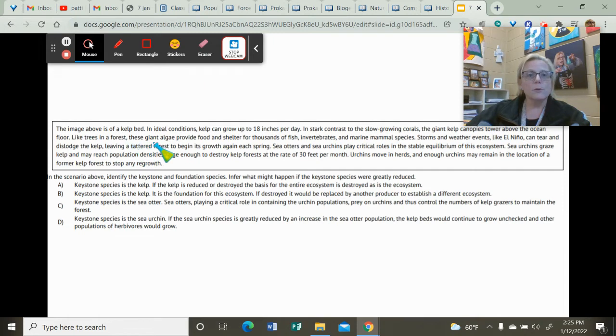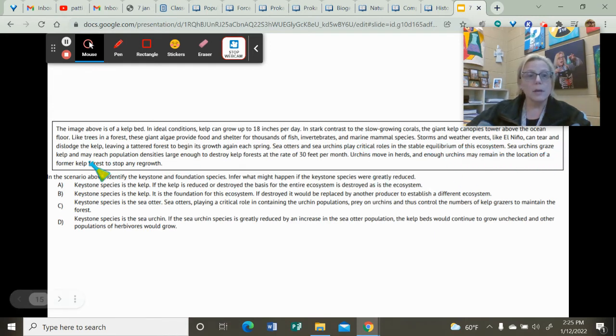Like trees in a forest, these giant algae provide food and shelter for thousands of fish, invertebrates, and mammal species. Some storms and weather events like El Nino can dislodge the kelp, leaving a tattered forest to begin its growth again each spring. Sea otters and sea urchins play a critical role in the stable equilibrium of this ecosystem.